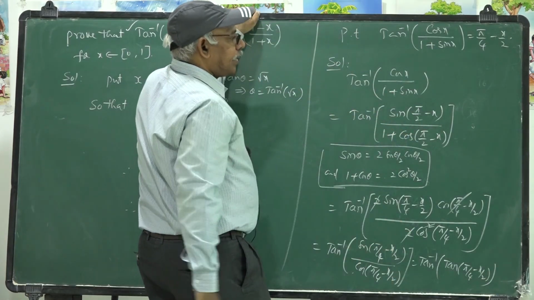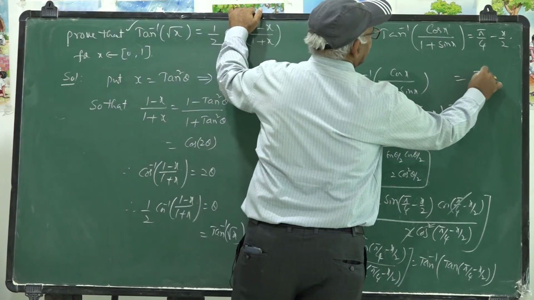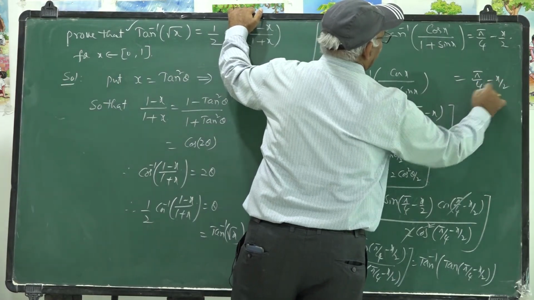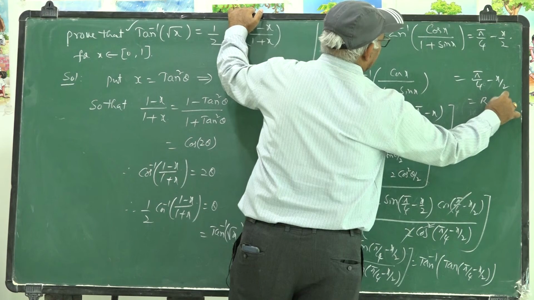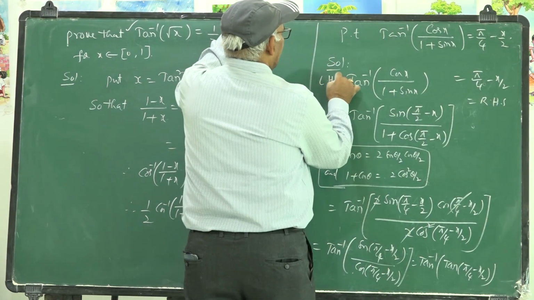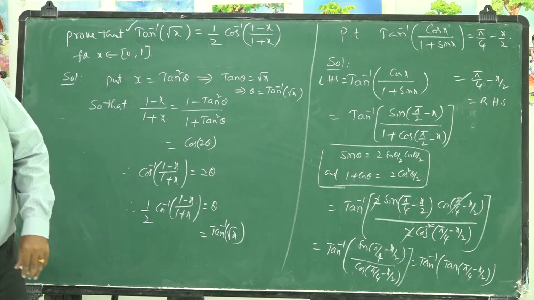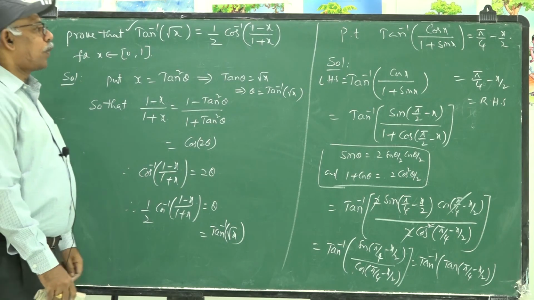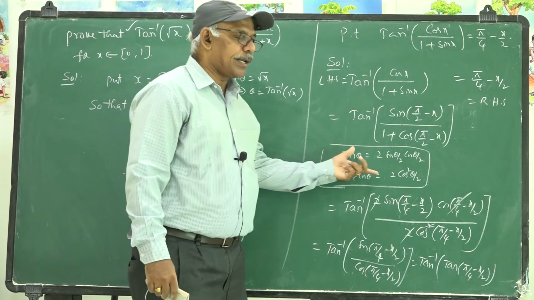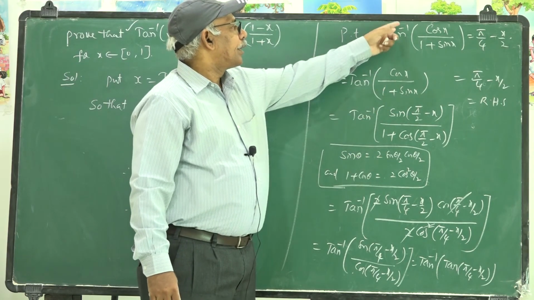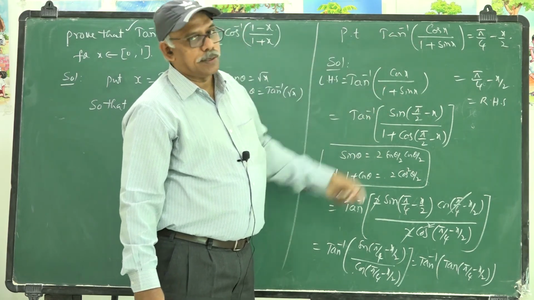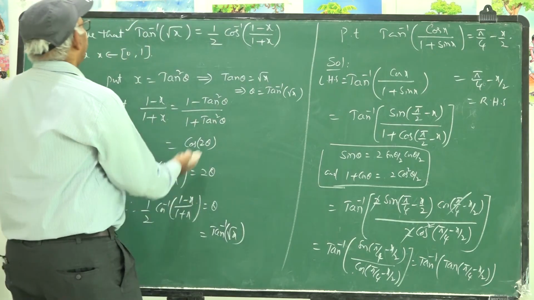Tan inverse of tan theta is theta, which gives us pi by 4 minus x by 2, the RHS itself. So the LHS equals RHS. So by using proper trigonometric results, you can remove the inverse trigonometric functions and obtain the given values.